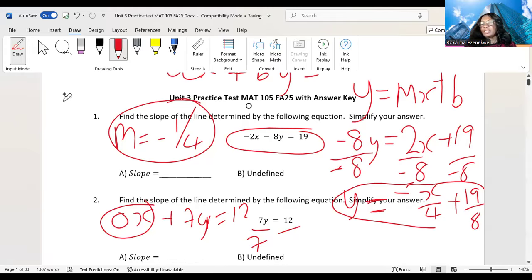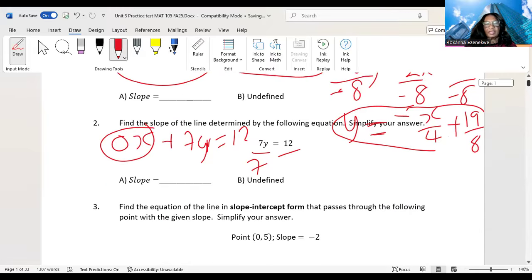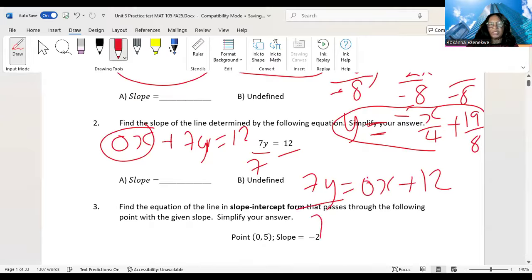So we have 7y is equal to 0x plus 12. And then I can divide by the coefficient of y, which is 7. So 7 divided by 7 is 1, which is what I'm looking for. Divide 0x by 7, 0 by 7 is 0.